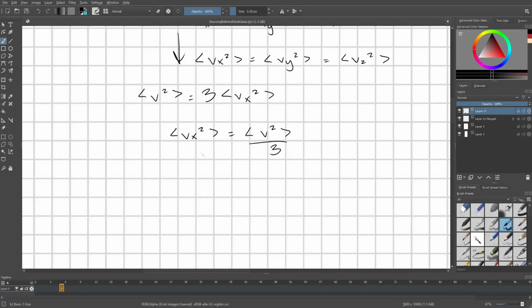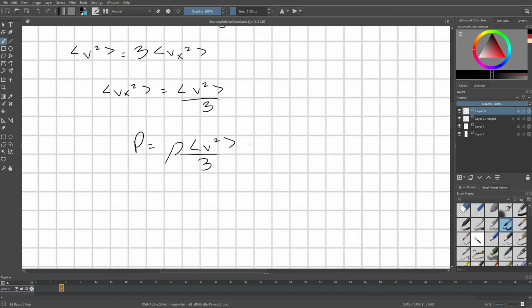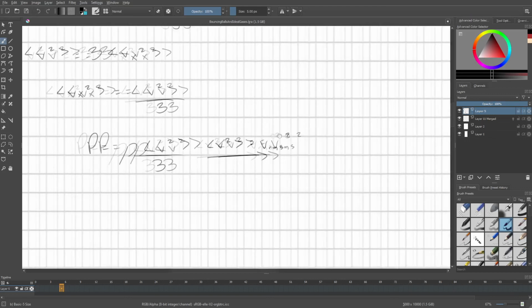And so we determine that the pressure would be equal to my gas's density times the mean square of the overall speeds divided by 3. And of course, don't forget that this mean square speed is really the same thing as taking our root mean square speed and squaring it.